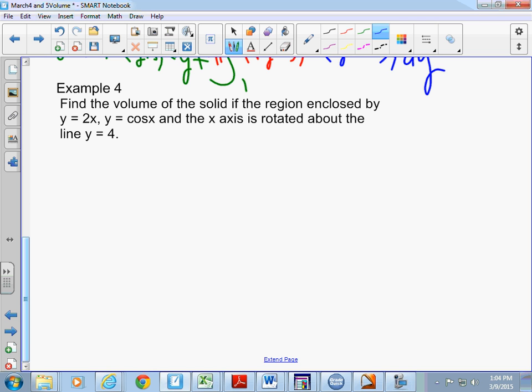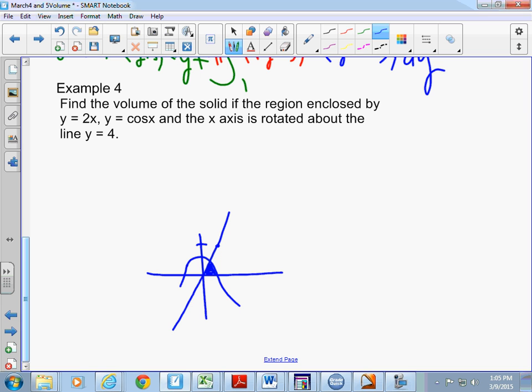So I'm going to draw the picture. We have cosine of x, 2x, and the x-axis. So first I found the region. A typical AP open response problem is going to say, part A, find the area of region R. Part B, find the volume if the cross-sections are squares.